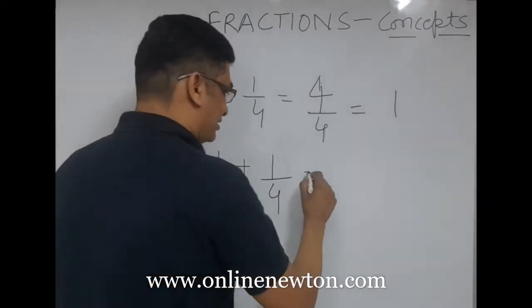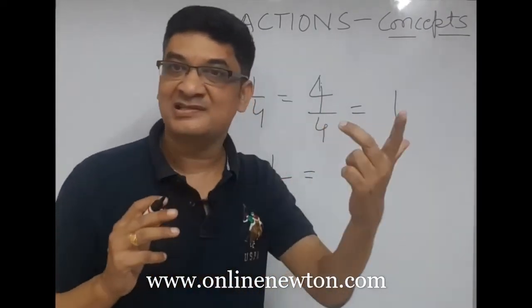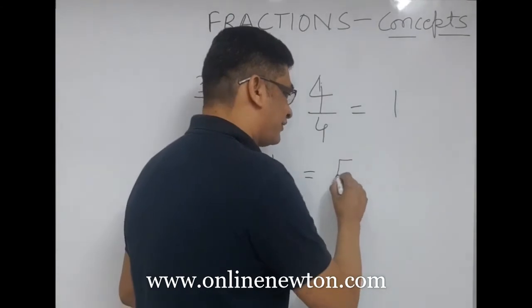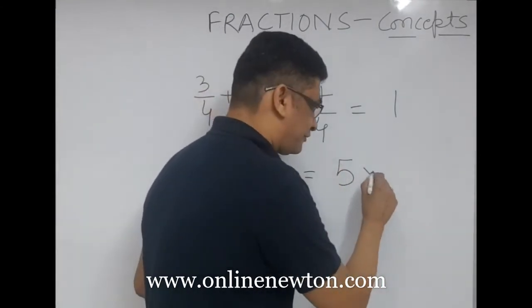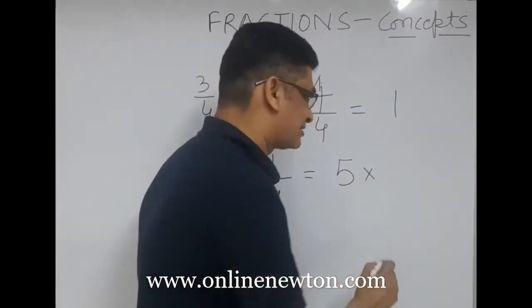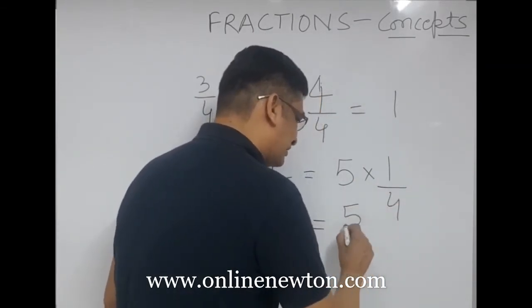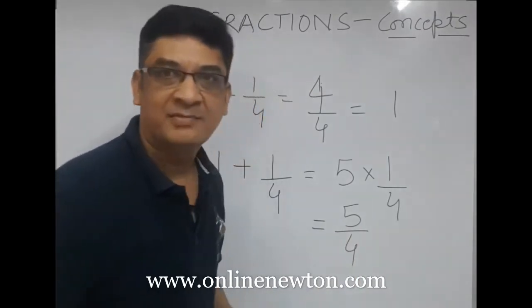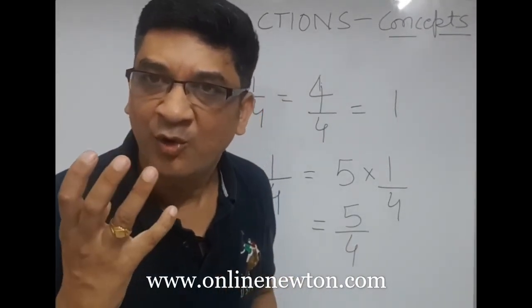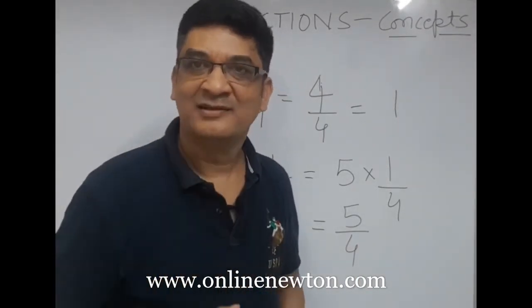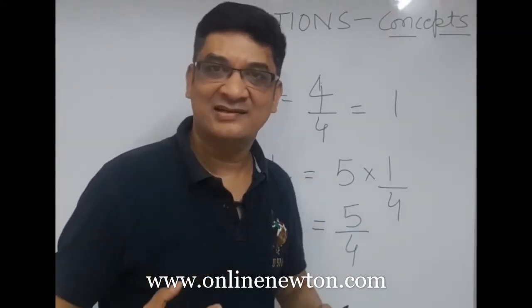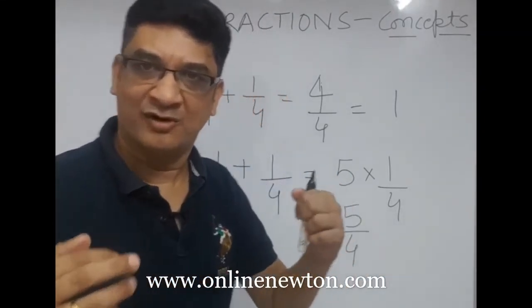So now she has 5 pieces, and the size of each piece is 1 by 4, and this is 5 by 4. But is it proper? No, because it is more than 1. Friends, we will understand this concept furthermore.